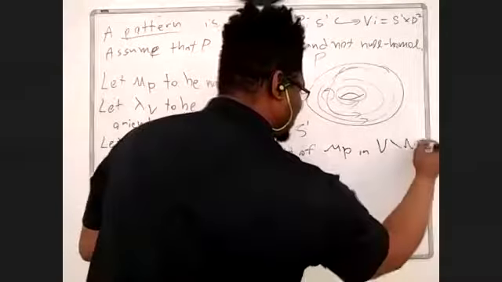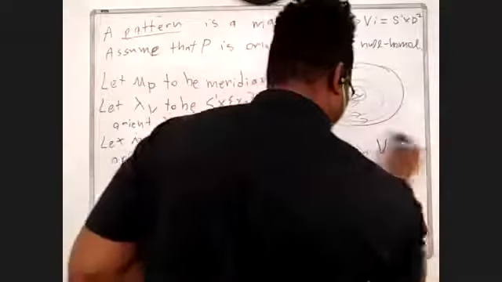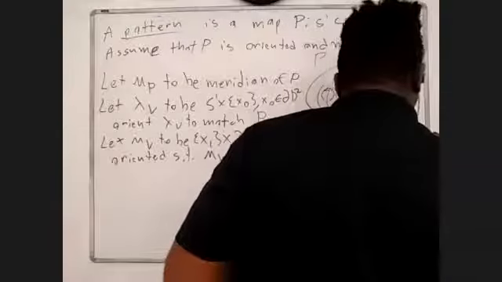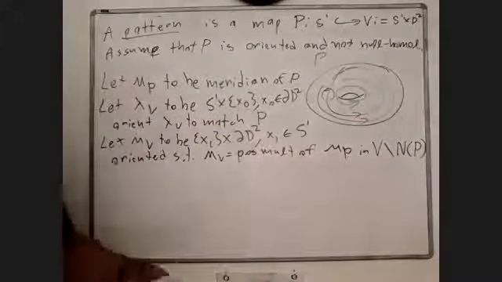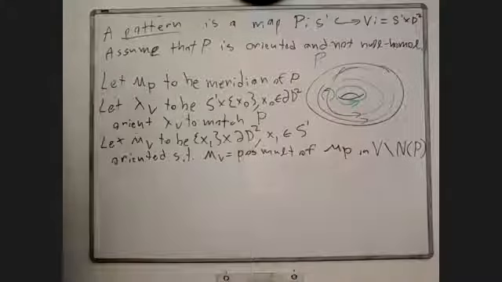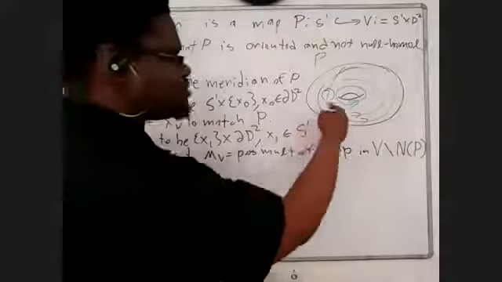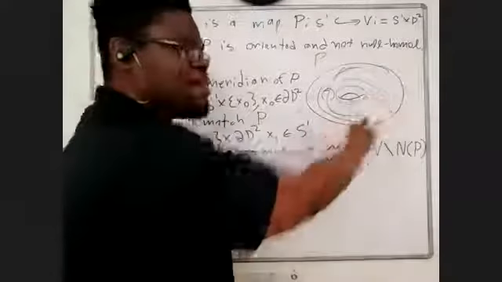I'm going to use N to denote the neighborhood of the pattern. That's because this is not a braid, so sometimes the pattern can turn around and go back.